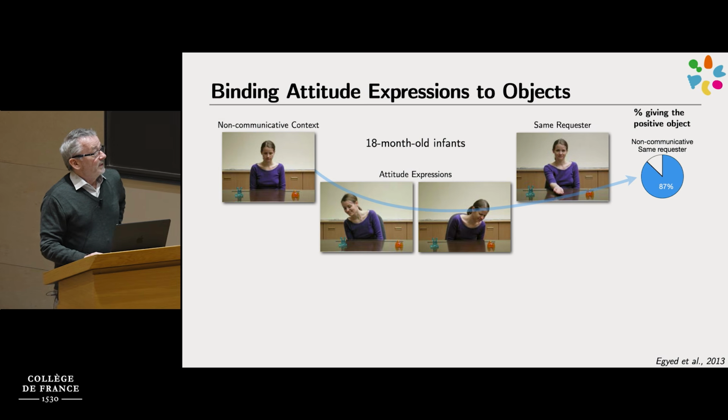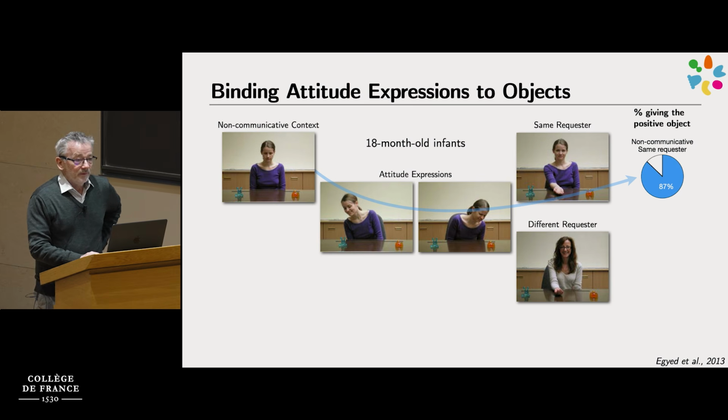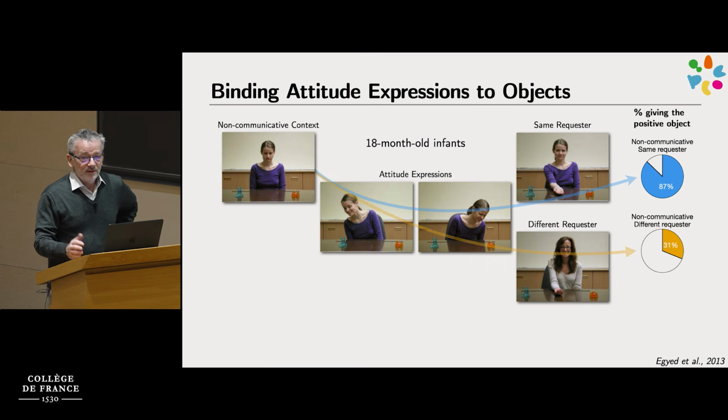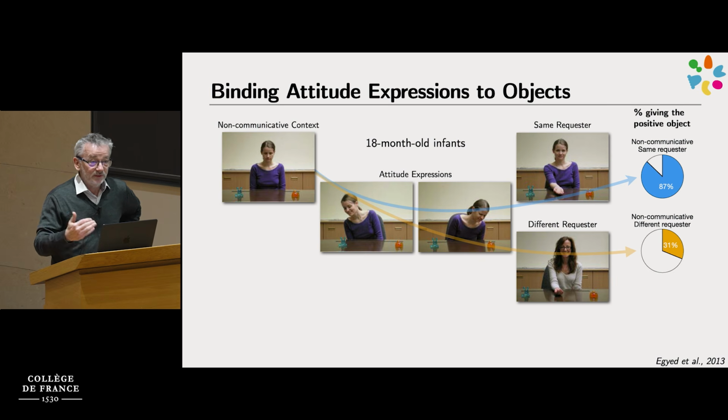This is suggested by the fact that if, after the initial expressions, you replace the person with another person, and she requests an object, then they tend to give her the other object, or more likely one of the objects randomly. So what they learn here is some kind of personal preference of the person, which is not extendable to other people.